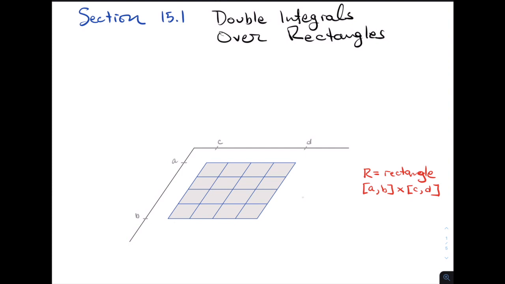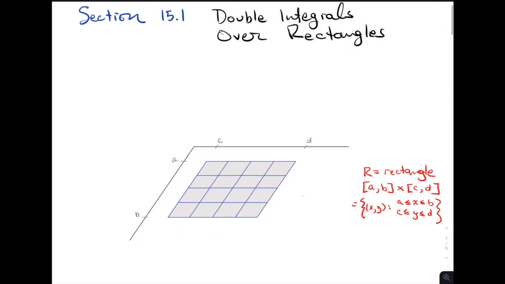That notation just means the set of points (x, y) such that x is between A and B, and y is between C and D. So that's what that cross of two sets is defined as. Okay, so that's region R.